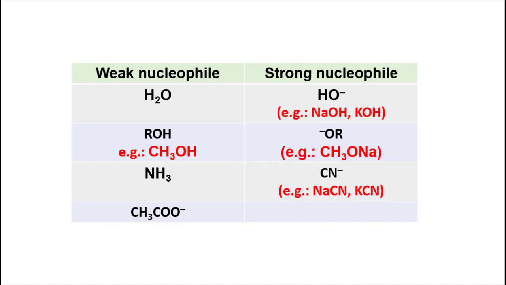In an SN1 reaction, the nucleophilic attack occurs after the rate determining step, hence the strength of the nucleophile has no effect on the rate of an SN1 reaction. So for the SN1 reaction, it can be either a weak or strong nucleophile. But in an SN2 reaction, the rate determining step involves the attack of the nucleophile on the haloalkane. Thus, a stronger nucleophile is needed for the SN2 reaction.